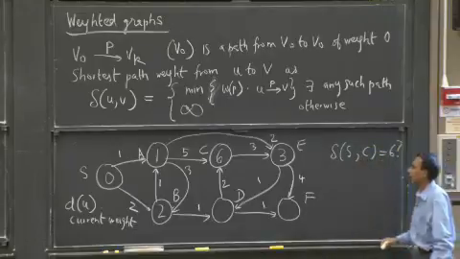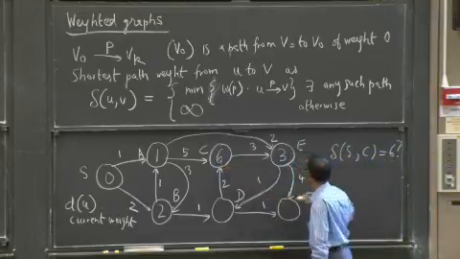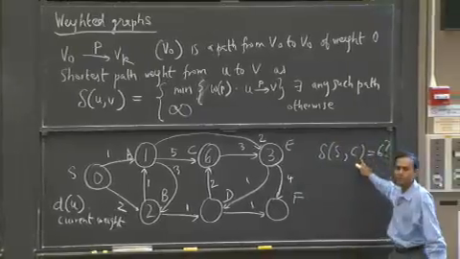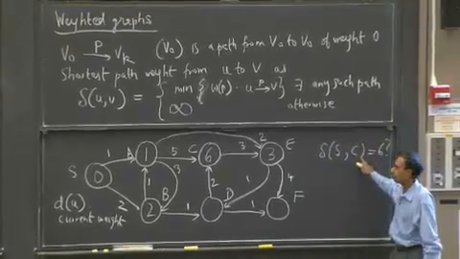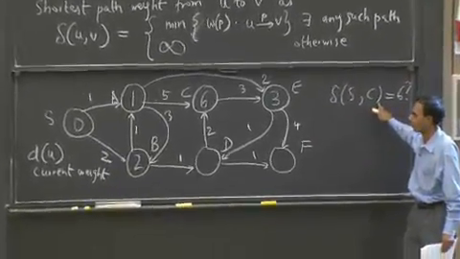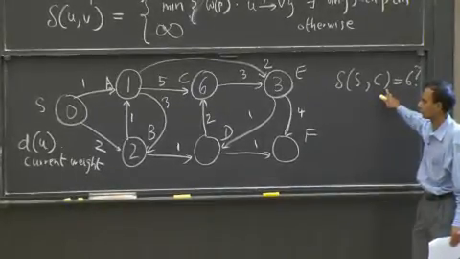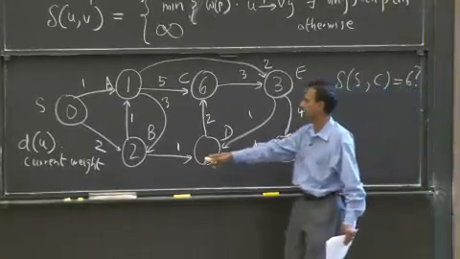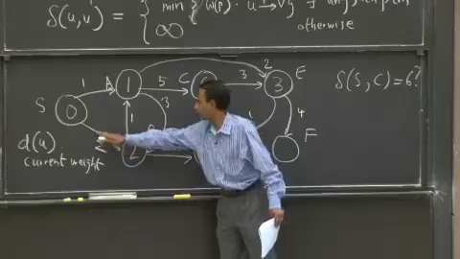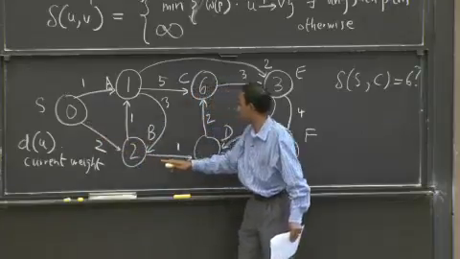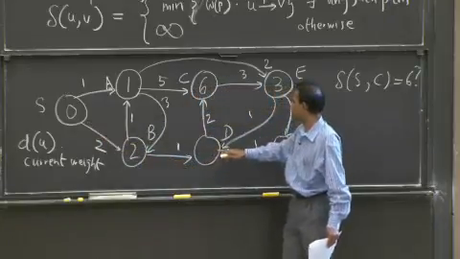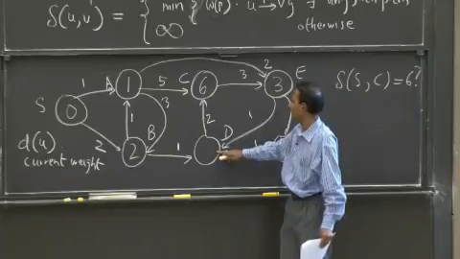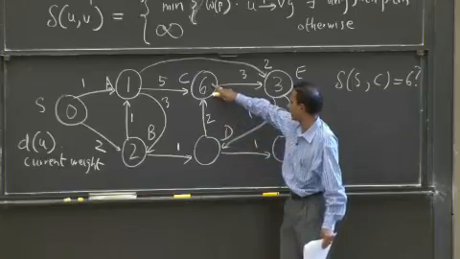No. Is there a better way of getting to c? And what is the weight of that? What vertex do I have to go through? I mean, one way is to go from S to B to D to C, right?